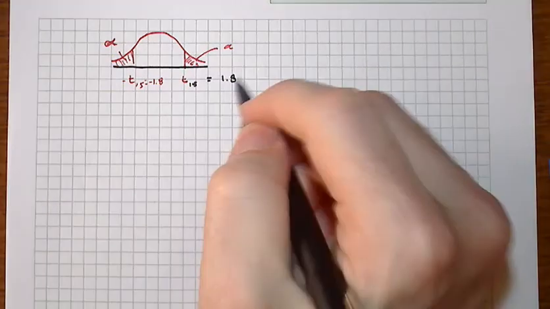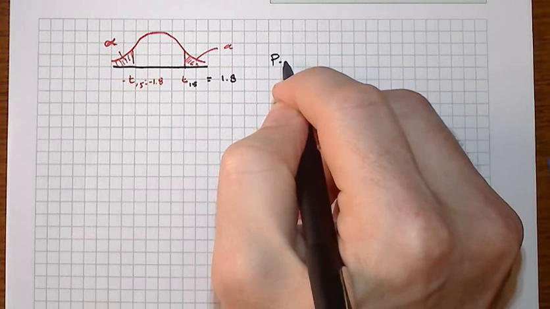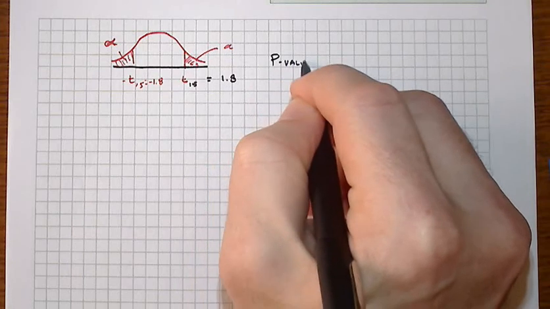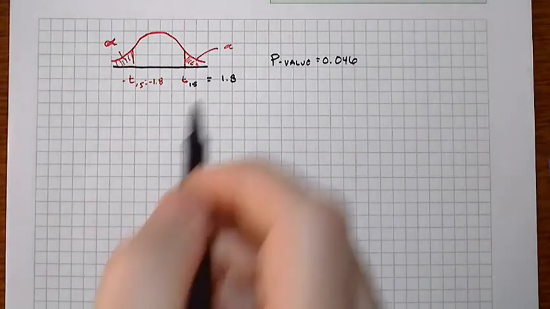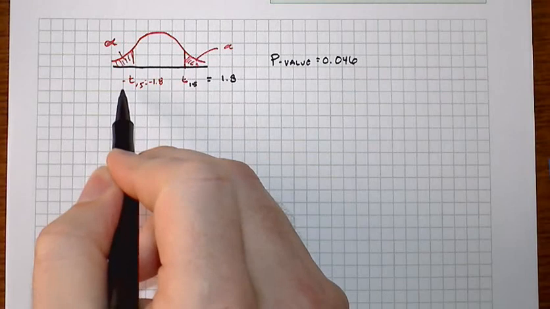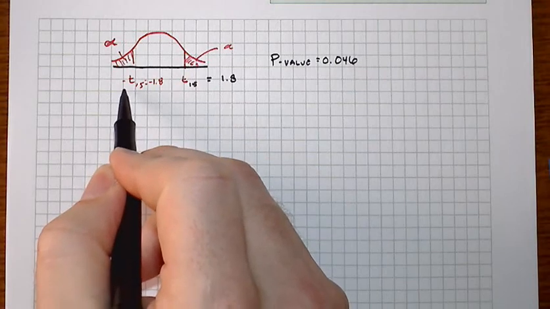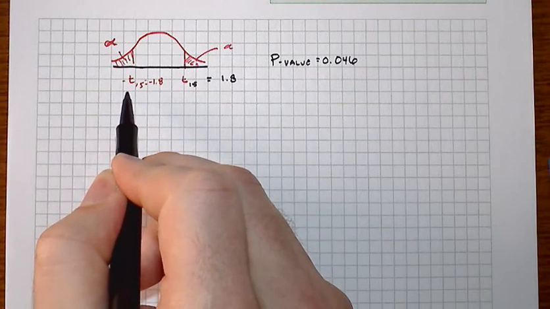When we go look this up for 1.8, our p-value is going to be 0.046 associated with either the positive 1.8 or the negative 1.8. We actually want the negative one, the lower side, because we wanted a one-sided hypothesis test.